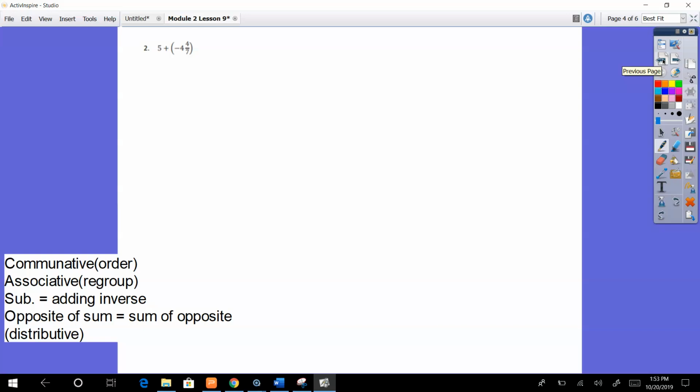Okay, so on this one, let's first think about what our answer would be. I see 5 plus a negative 4 and 4/7. I know they have different signs, so I'm subtracting, and I'm going to keep the sign of the greater absolute value.